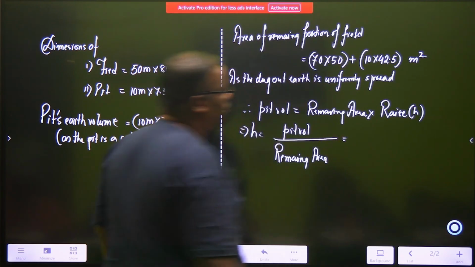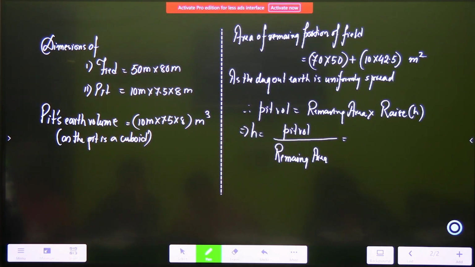So finally you can put in your numbers, calculate it, and we'll go ahead. The rest you can do yourself.